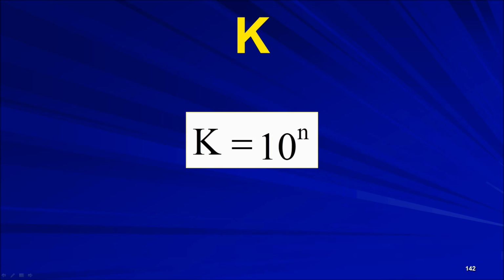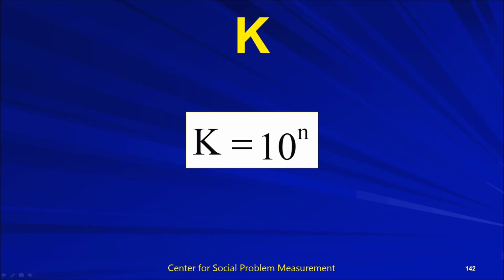If it's to the fifth, it would be 100,000. To the sixth, it would be 1,000,000. So that's the easy way to understand power, and everything is 10 to the nth power. So these k's can change and do, but they're all to the power of 10.